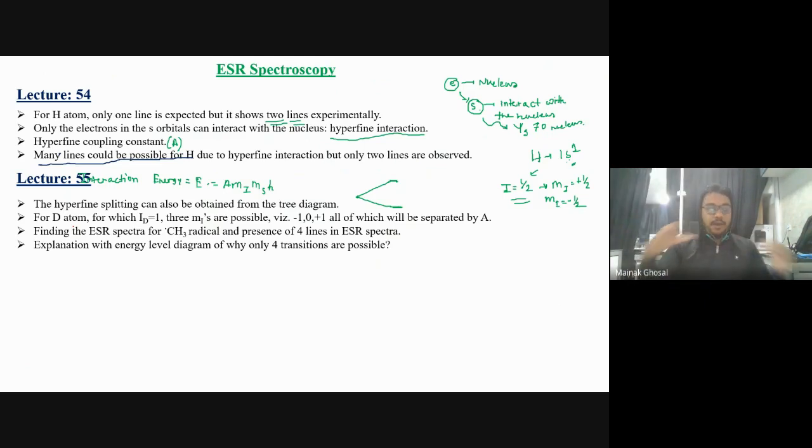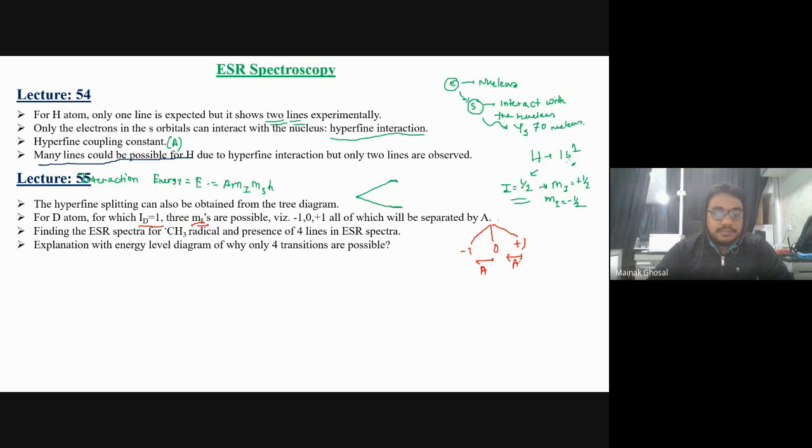For the D atom, for which ID equals 1, 3 MI values are possible: mi equals minus 1, 0, and plus 1. The separation is actually the value of a.